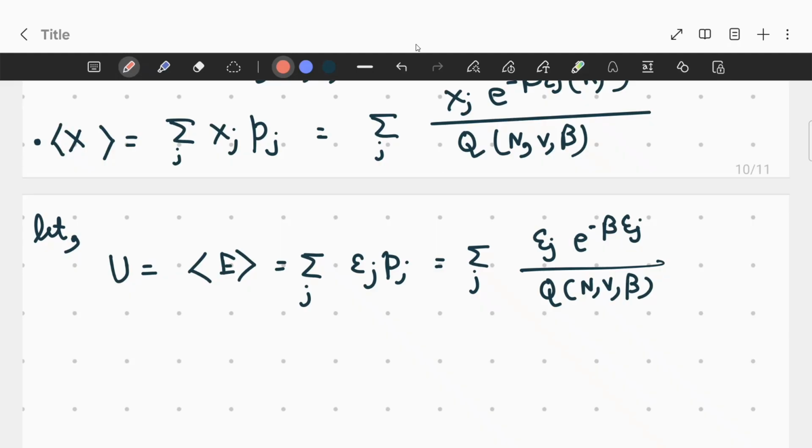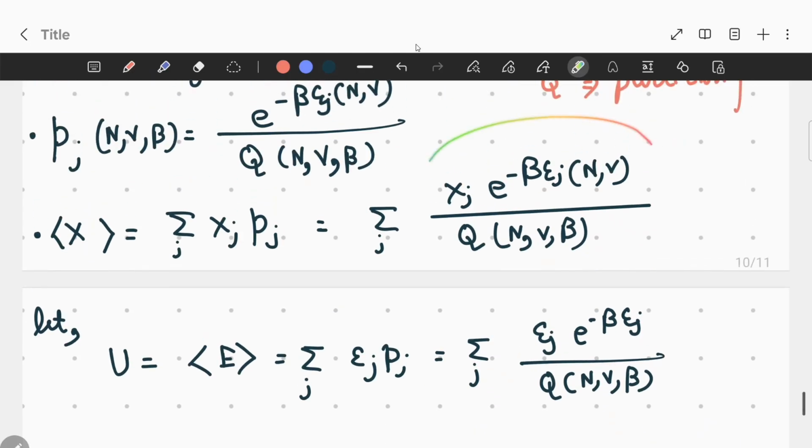Because in the last course we just used this formula. In general, we just use this formula. We don't derive it. This derivation is not very difficult. You just have to understand the conceptual part, then it is clear.